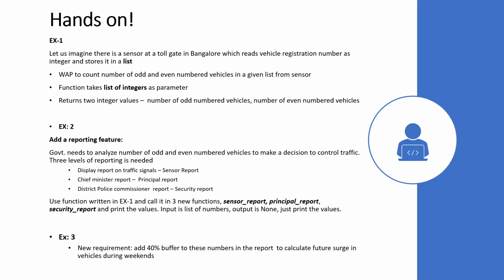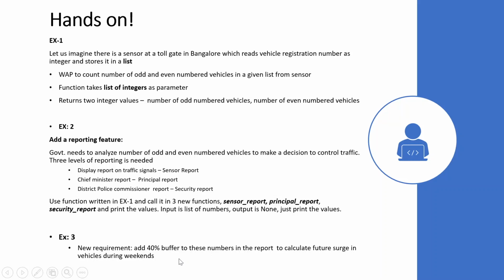So the additional requirement is to add a 40% buffer to these numbers. For example, if the number of odd numbers is just 10, you need to add 40% of that, which means it becomes 14. That is how the new requirement is added.